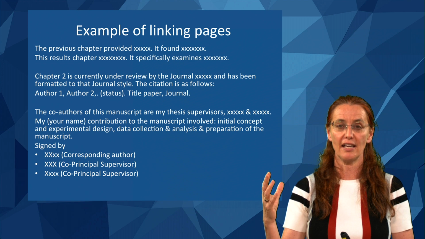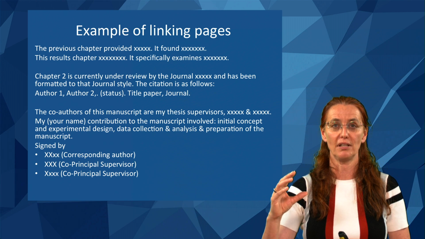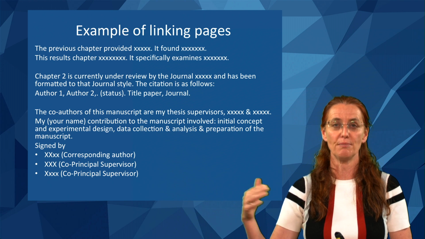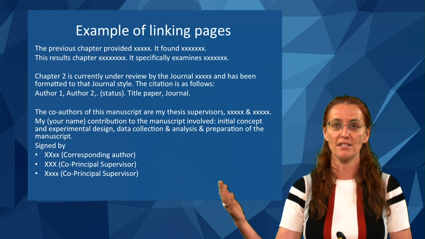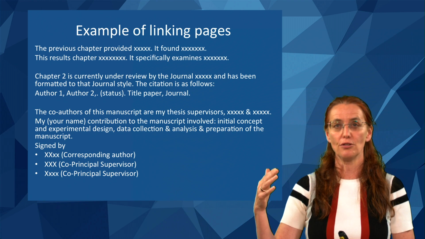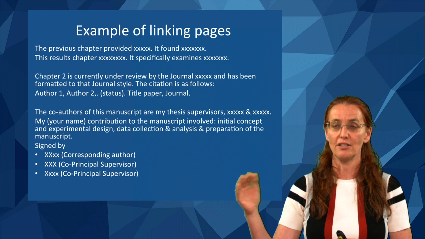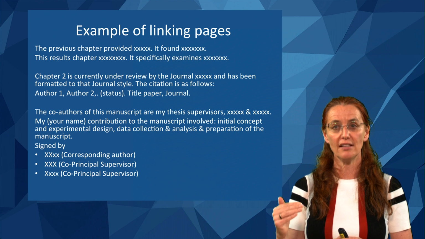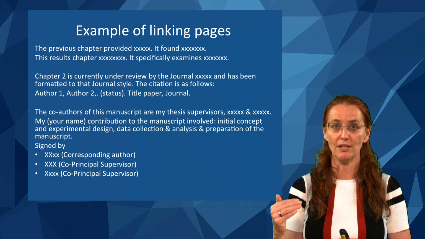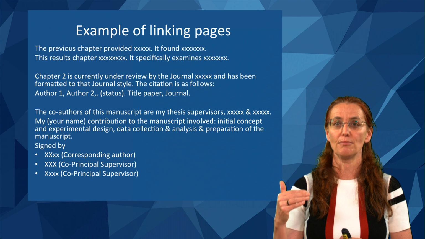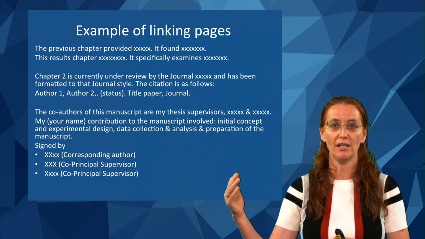Then you need to have that information about the status of the publication. Chapter 2 is currently under review by the Journal of XX and has been formatted to meet the requirements of that journal style, or Chapter 2 has been published by such-and-such, and the citation is as follows, and you provide that. And then you need that third part, the statement about the contribution of the authors. So the authors of the manuscript are my thesis supervisors, and so on.